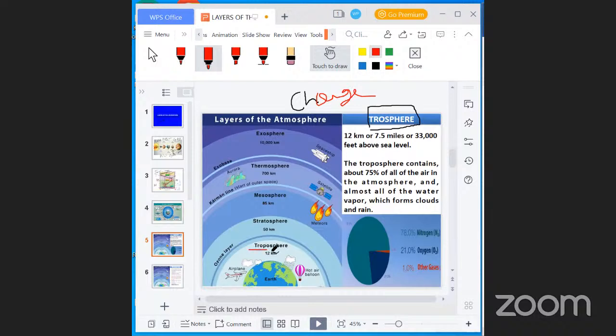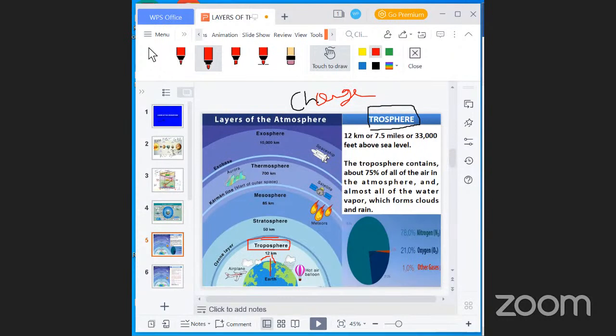You see here this one, troposphere. This is the first layer of the atmosphere from the earth, right? It is also the one where we are living. So we are living in the troposphere only.